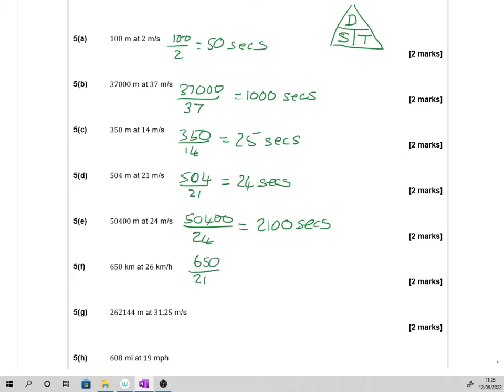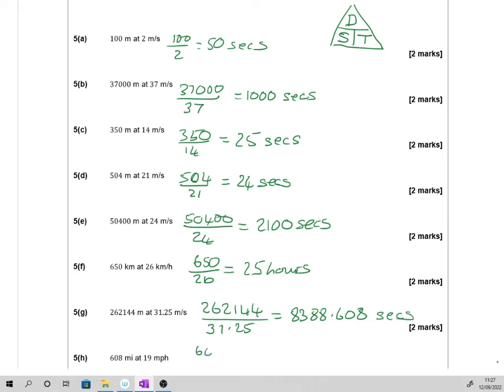650 divided by 26 is 25, and this time it's hours. 262144 divided by 31.25 is, I don't know where they get these numbers from, 8388.608 seconds.